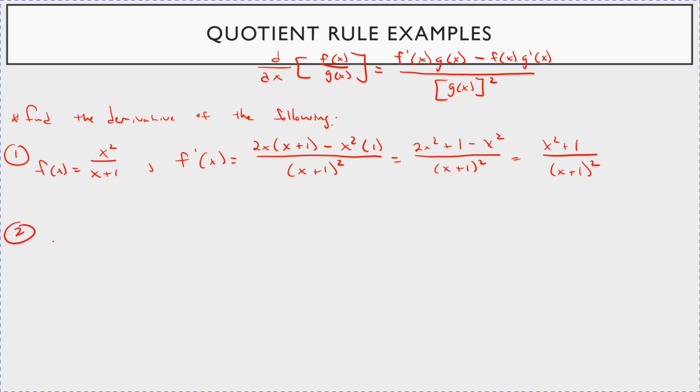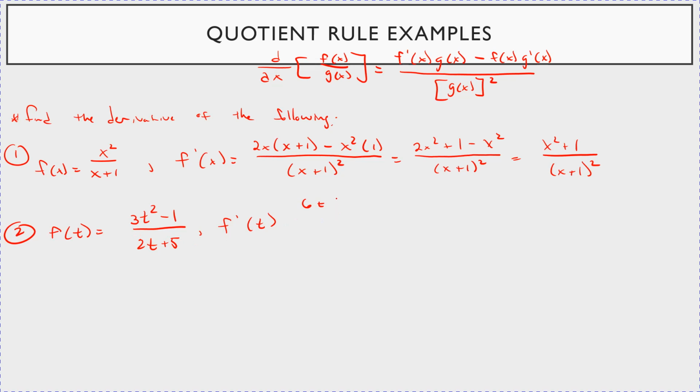All right, let's try this one. F of t is equal to 3t squared minus 1 divided by 2t plus 5. All right, so the derivative, f prime of t. Take the derivative of the numerator. Well, the derivative of 3t squared minus 1 is just 6t.